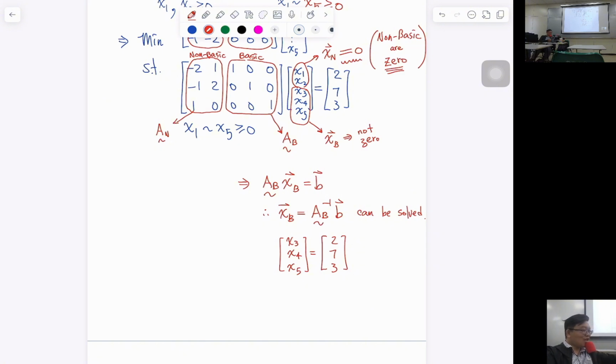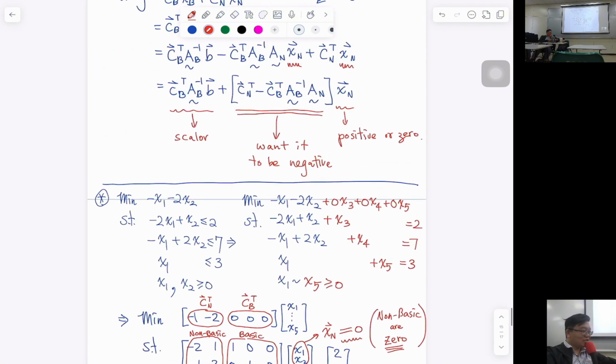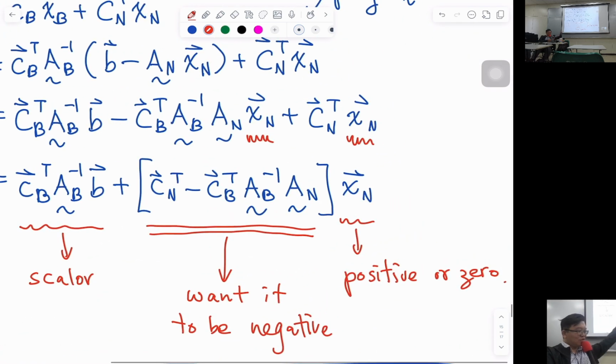Now, let's take a look at this term in the bracket. I want this to be negative. If over here you plug in whatever coefficient you have at this selection of basic and non-basic, you notice there are some terms which are negative. And what's your current value of xn?